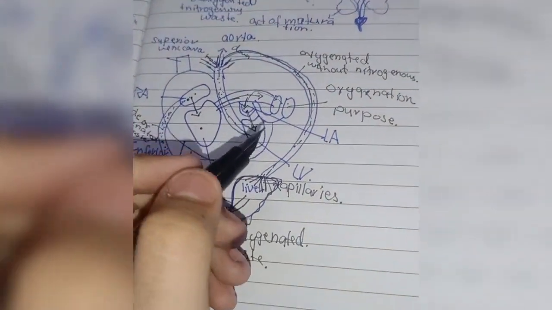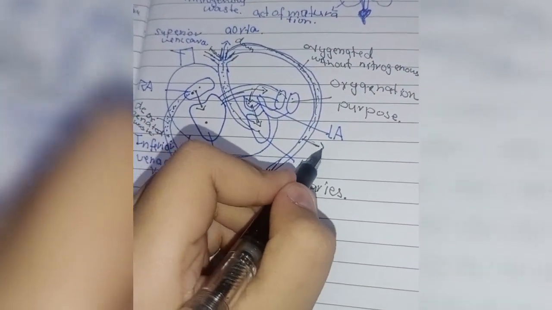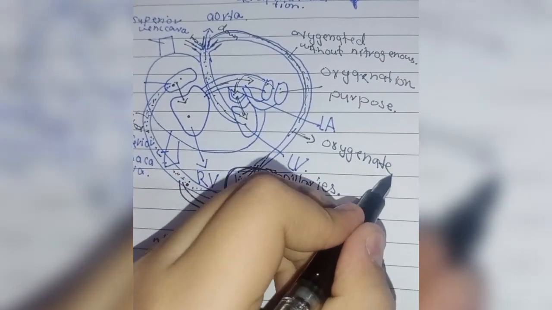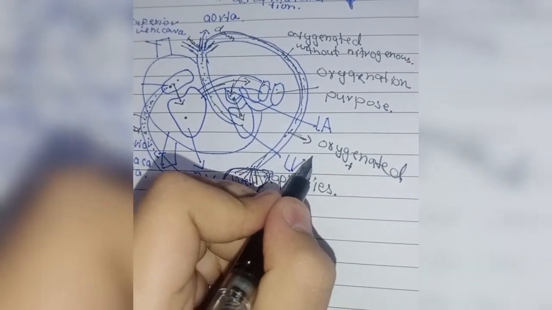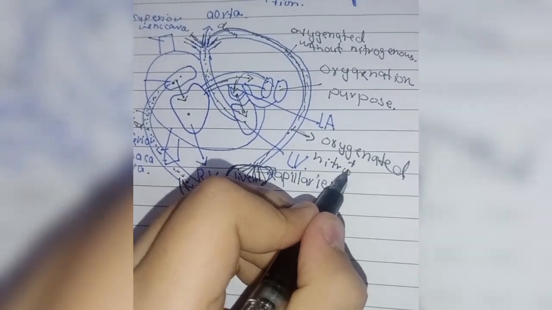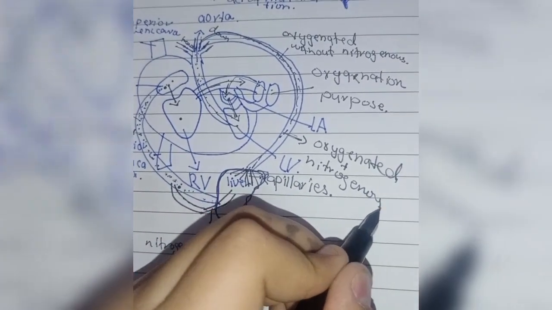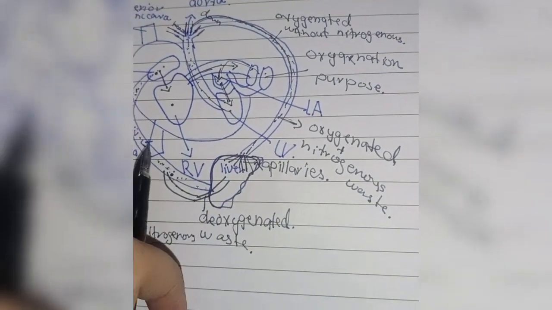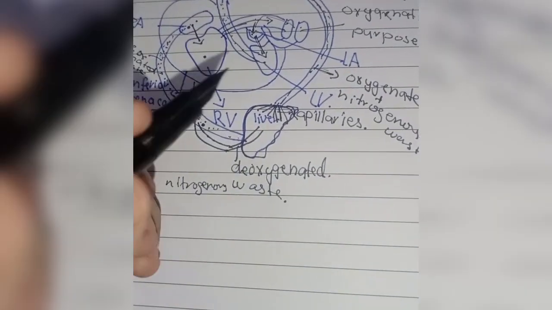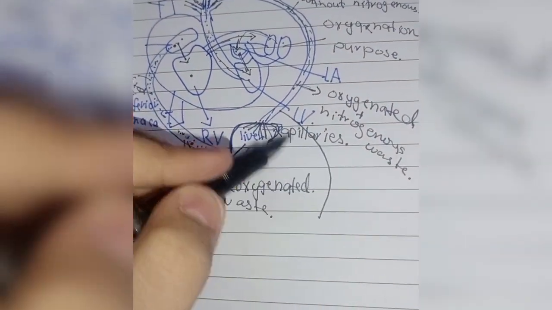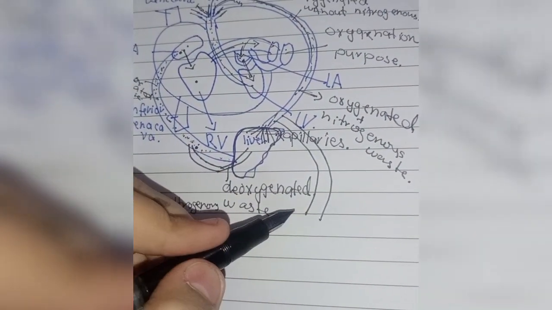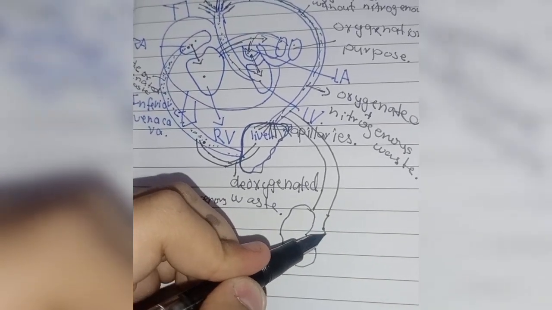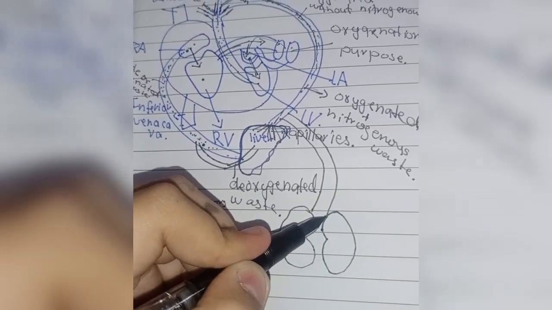Okay, so this blood which was coming again was oxygenated, but nitrogenous waste was present in it. After that, this aorta will also provide blood to the kidneys too. Okay, these are the kidneys.